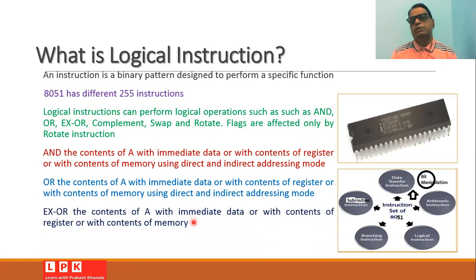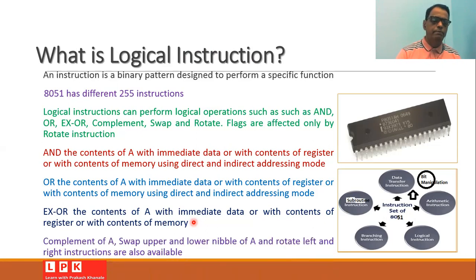The exclusive OR operation is different from the inclusive OR operation. An exclusive OR operation is also needed, and it can be performed by using the exclusive OR instruction. We can exclusive OR the content of the accumulator with the immediate data, the content of a register, or the content of memory.